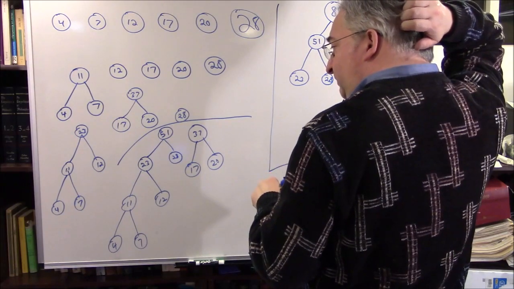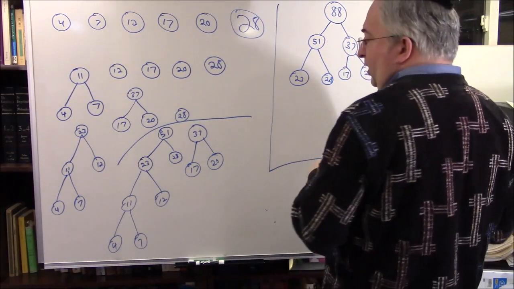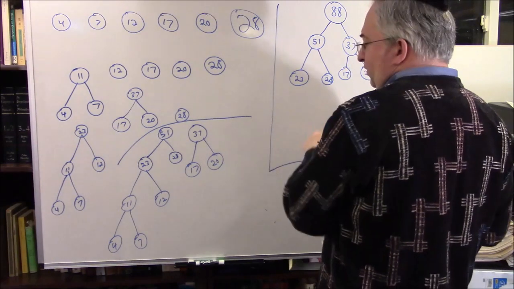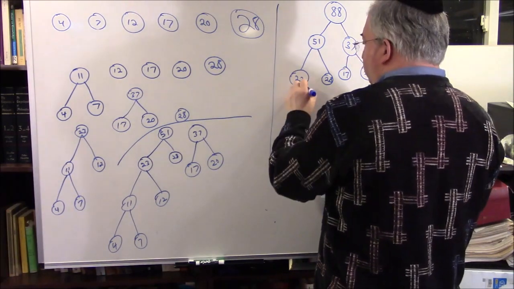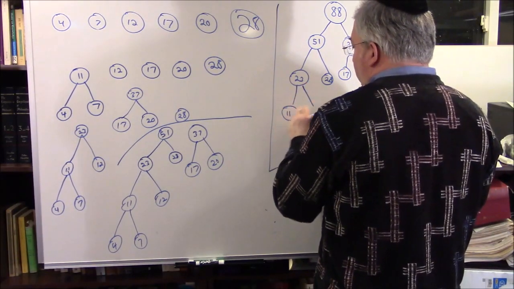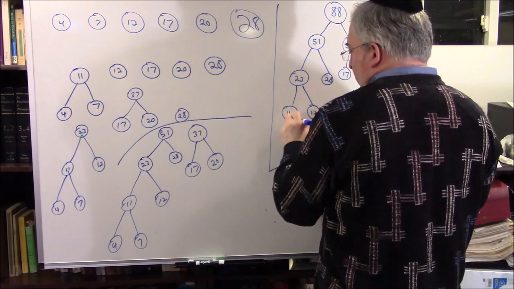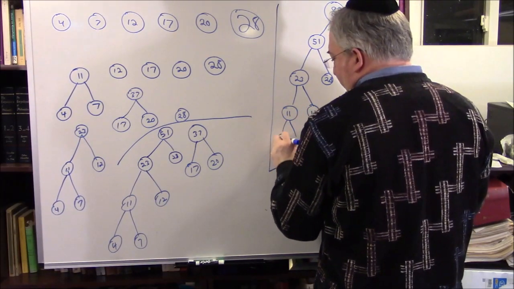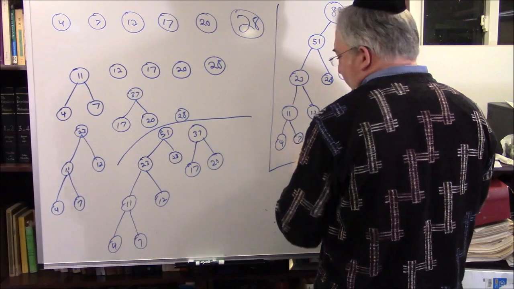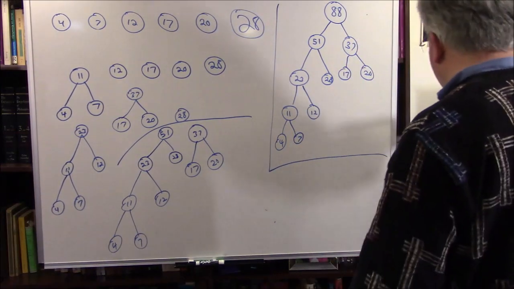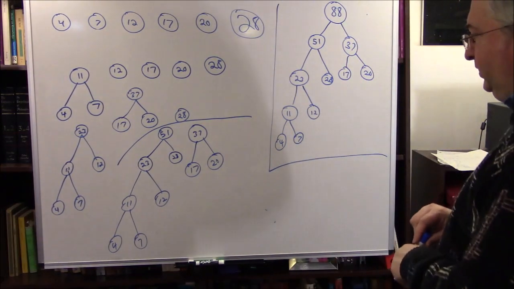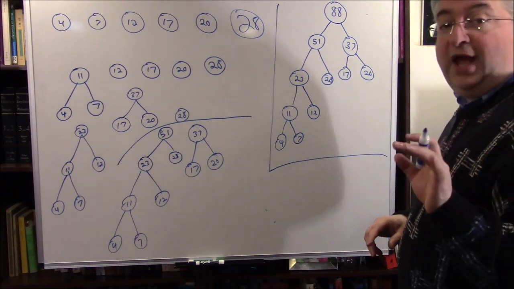Here's 20. Okay, where's 20? 23, okay, great. 23 is 11 and 12, and 11 is 4 and 7. Okay, so that is very nice. Just notice what's happening here.